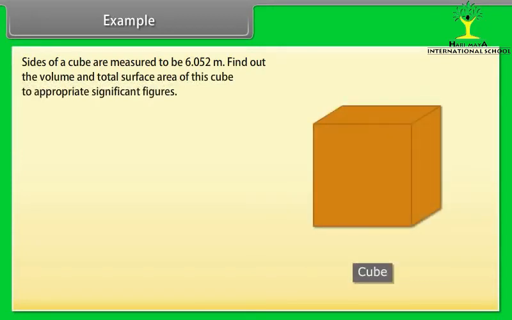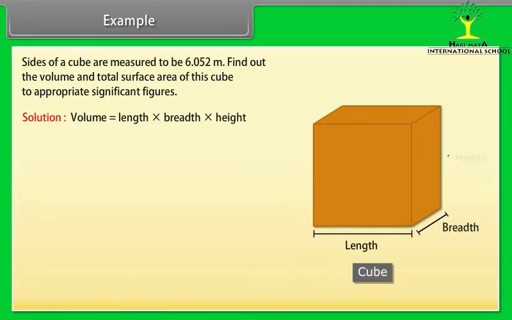Example. Let us take an example of significant figures. The side of a cube is measured to be 6.052 meter. Find out the volume and total surface area of this cube to appropriate significant figures. Let us see the solution. Volume is equal to length into breadth into height.